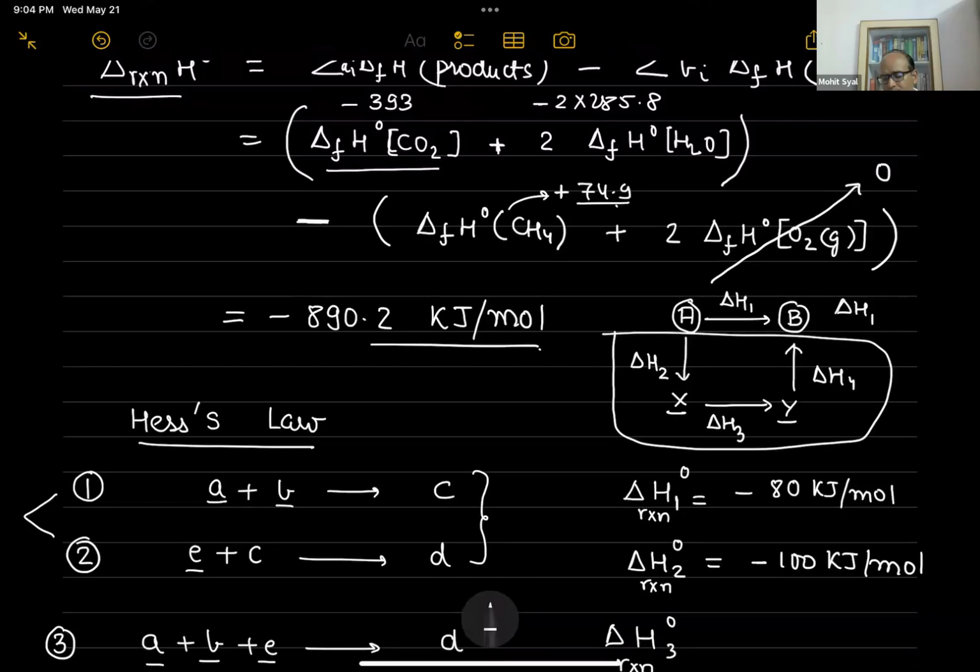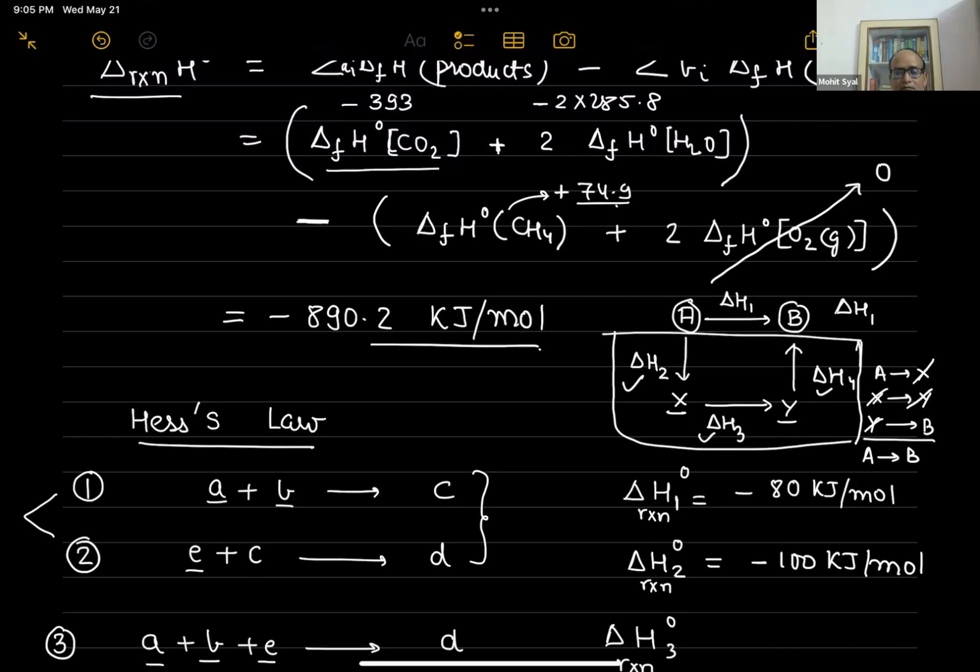Or you can write these equations if you are not clear. You can write the equation that A gives X, X gives Y, Y gives B. When you add these three equations, X gets cancelled, Y gets cancelled, and you have A getting converted to B. Is it clear?